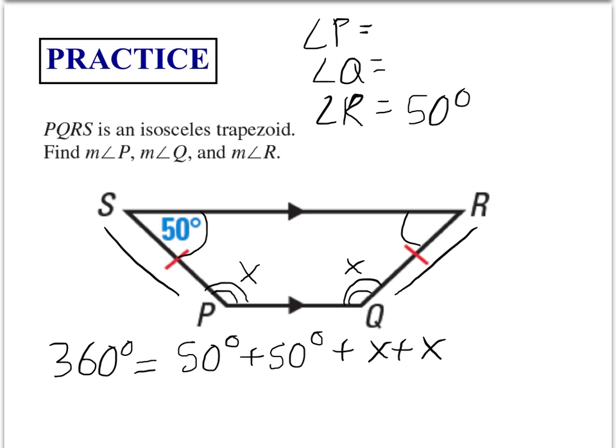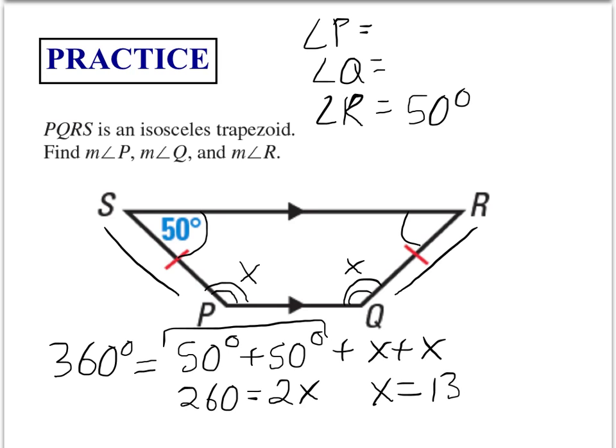So I'll subtract the 100 from both sides and end up with 260 equals 2x. Divide that by 2, x equals 130 degrees. So the measure of P is 130 and the measure of Q is 130 degrees.